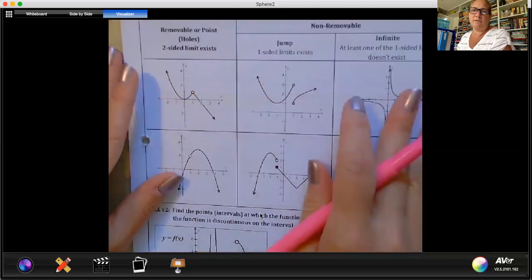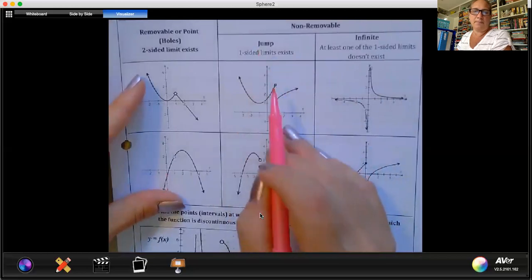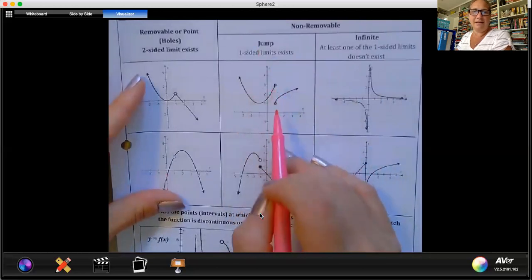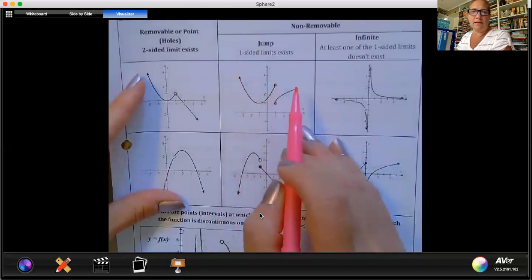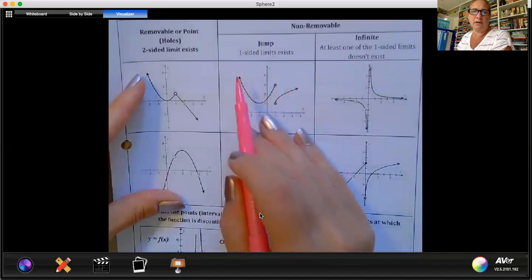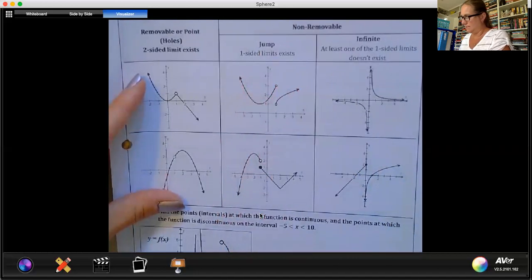There are two types of non-removable. Jump means the function has a disconnect here. So we have a right-hand limit and a left-hand limit. Here's your right, here's your left. They're different. So that means your limit will not exist. Same thing here.